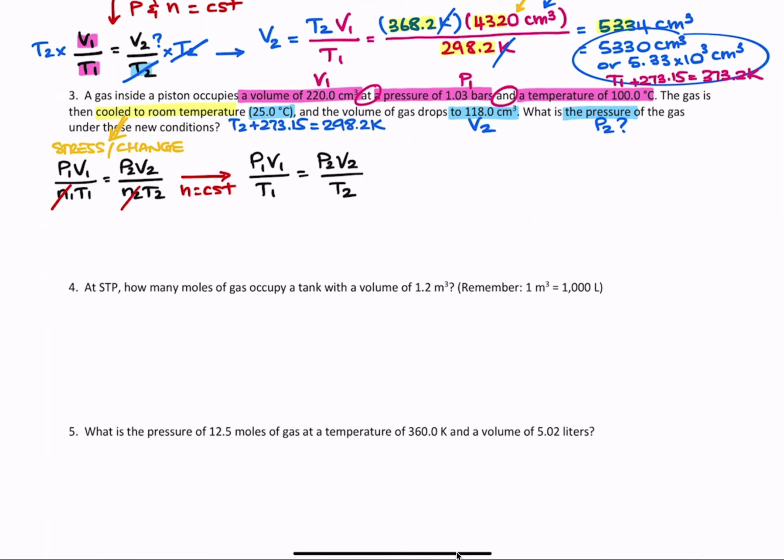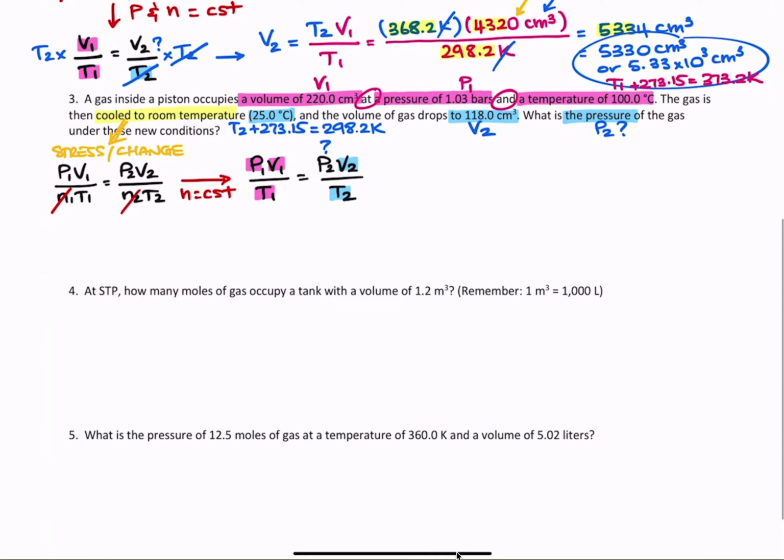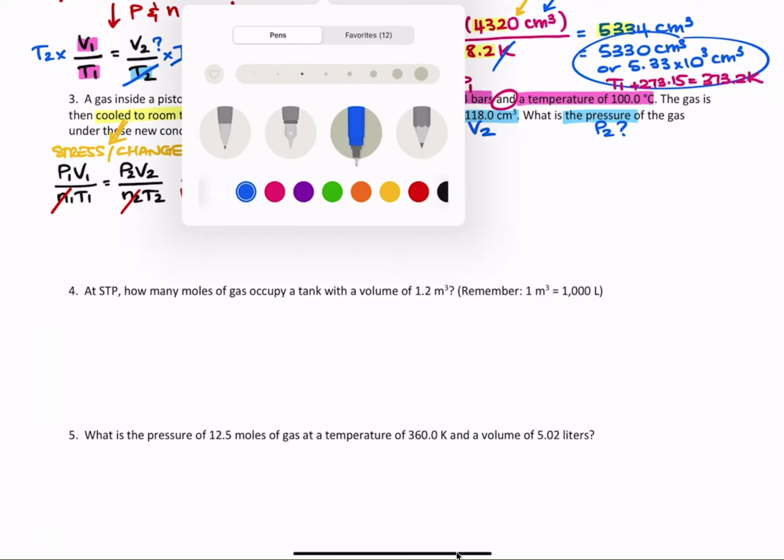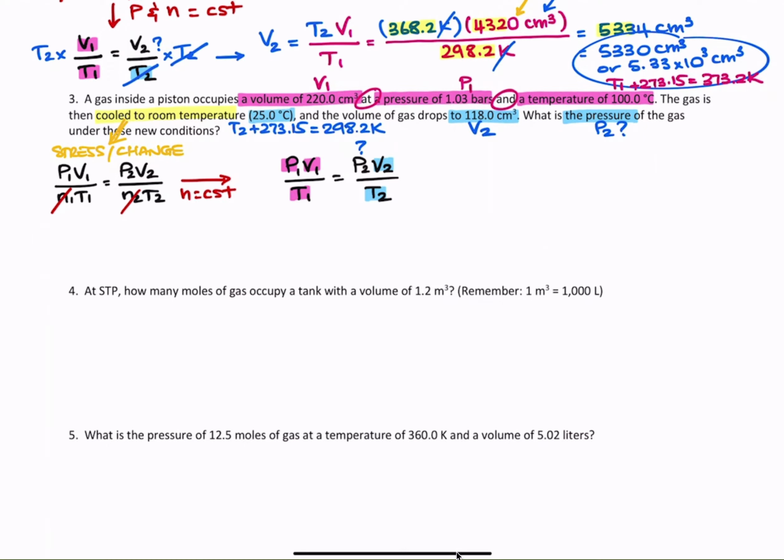We're given a P1, a V1, and a T1. Don't forget Kelvin. We're given a V2. We're given a T2. Don't forget Kelvin. We're looking for P2. How are we going to isolate P2? We need to times by T2 on both sides. Therefore, T2 cancels.